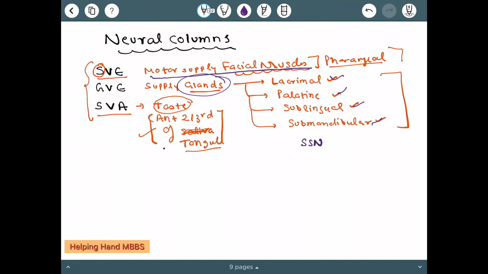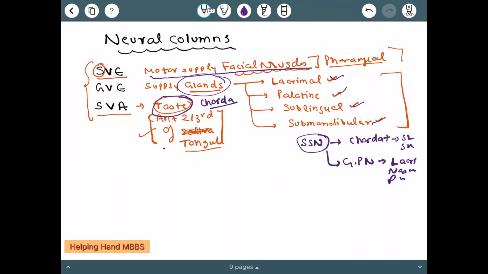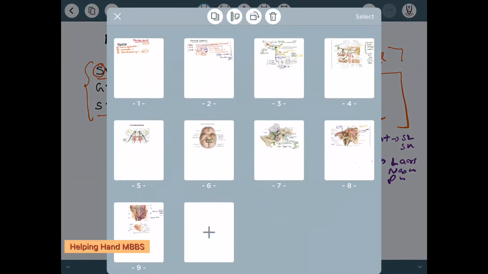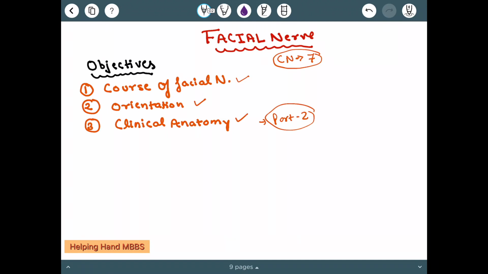It enters the chorda tympani and supplies the sublingual and submandibular glands, and by the greater petrosal nerve it supplies the lacrimal gland and the nasal and palatine glands. Then taste: we have seen that chorda tympani carries the taste sensation from the anterior 2/3 of the tongue. We have studied all 3 neural columns, and this is all, friends, that we have to know about the facial nerve.